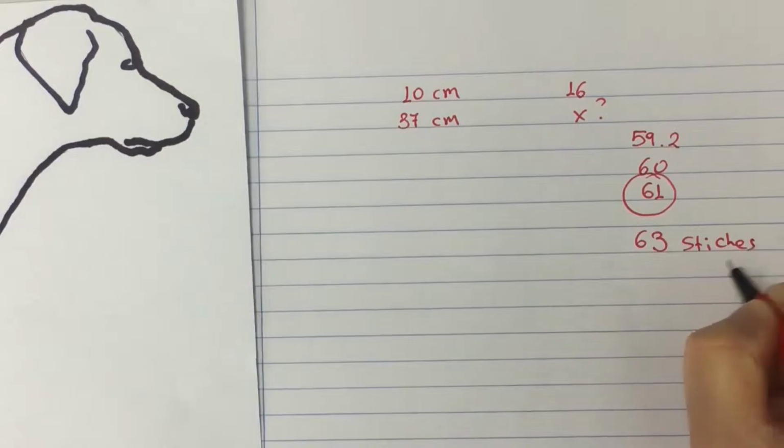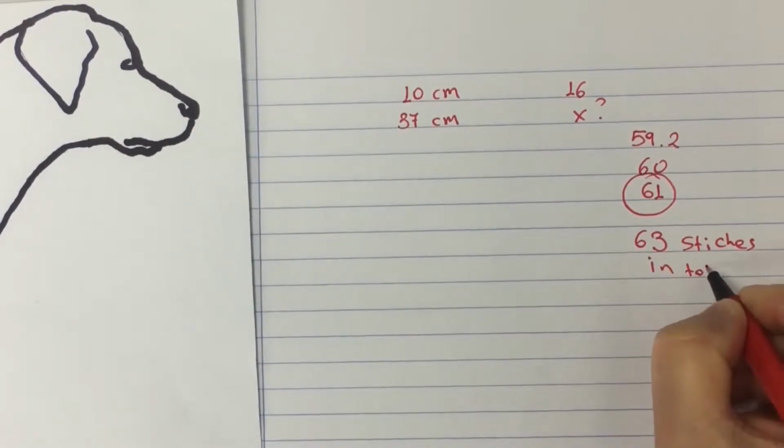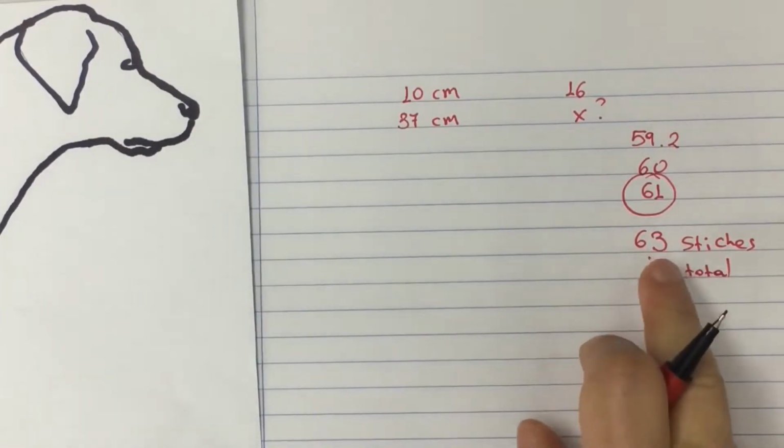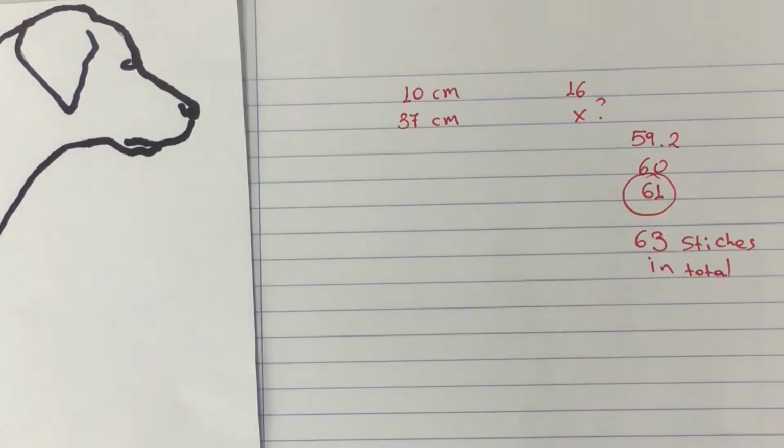So I am going to cast on 63 stitches in total, but for the neck of the sweater I am just going to use 60 of them for the 1 by 1 rib stitch pattern. But I will show you what I mean when we start knitting the neck.